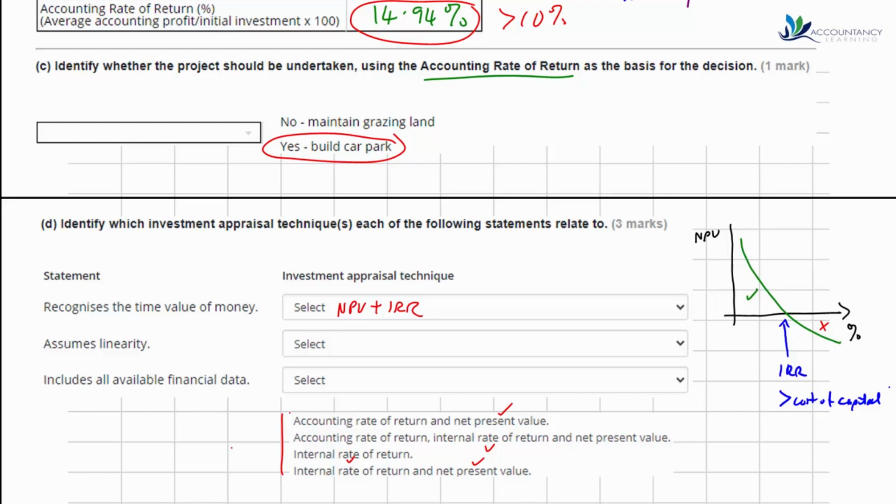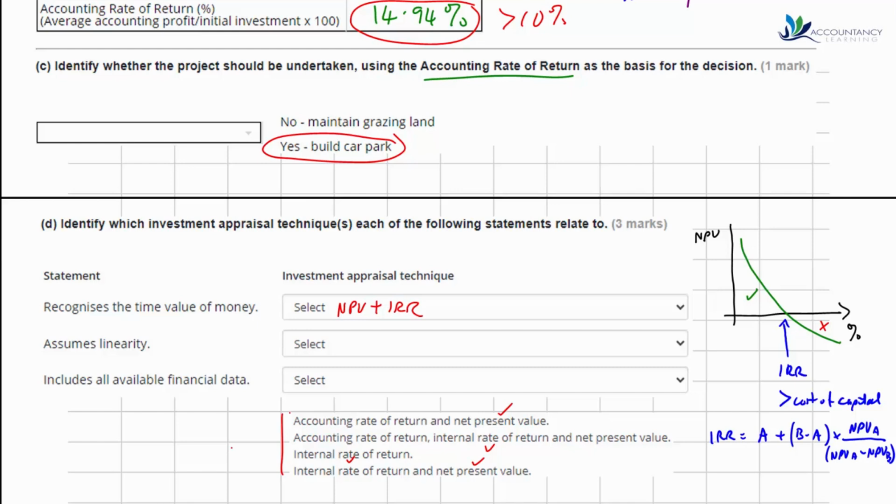So for our net present value, well, there's no straight line arrangement there, and neither is there any straight line arrangement with the accounting rate of return either. But for net present value, again, do we remember what the formula for that is? So there at the bottom right of the screen is the formula for internal rate of return.